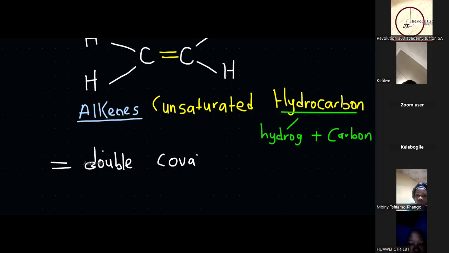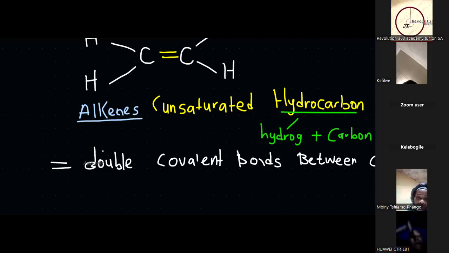So one thing that you must know: alkanes have single covalent bond between carbon atoms, alkenes have double covalent bond between carbon atoms, and then alkynes have triple covalent bond between carbon atoms. So those are some of the things that you must know.